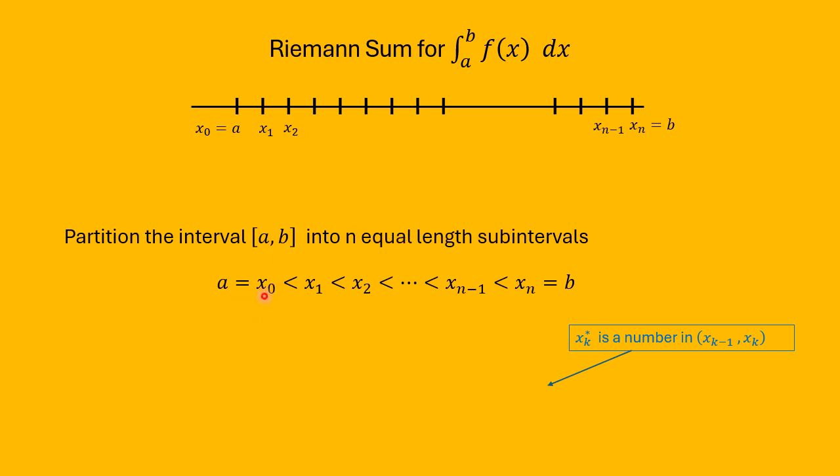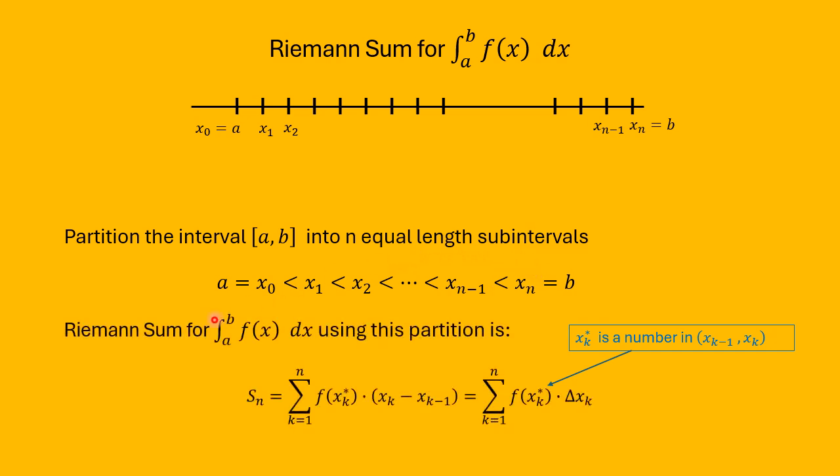We have over here that a is x naught, which is less than x1, which is less than x2, all the way through less than x sub n, which equals b. The Riemann sum then for the integral from a to b of f of x dx using this partition is this sum. It has n terms. The sum k goes from 1 to n of some stuff here.